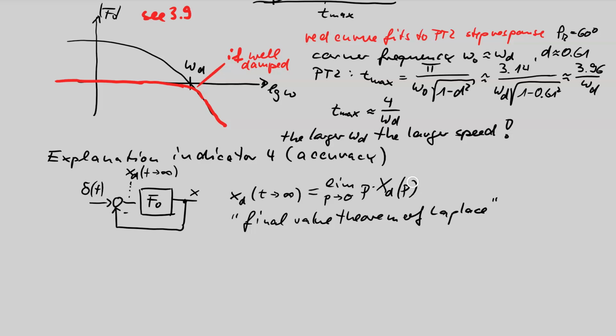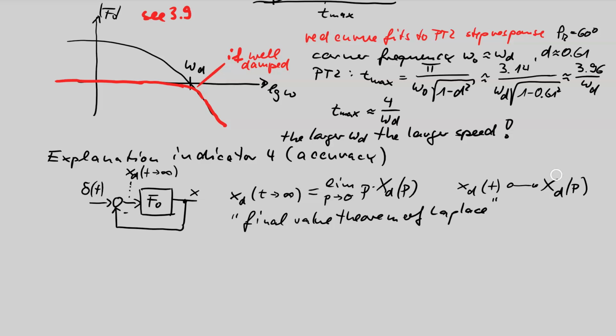What is this? This is the frequency function of this. So we can say x(t) corresponds to x_d(p), and this should be the unit step response of the signal.